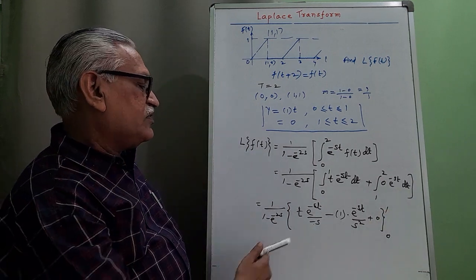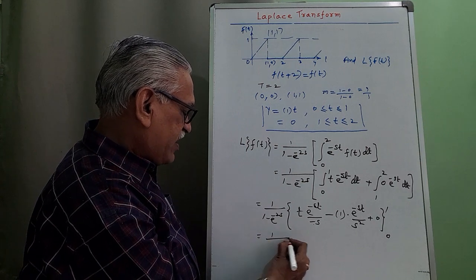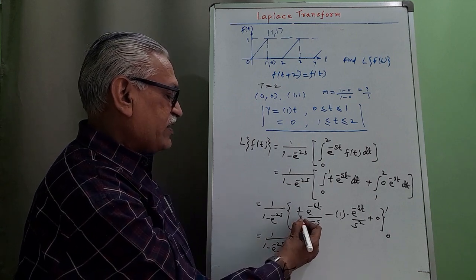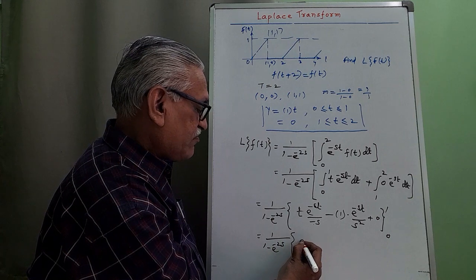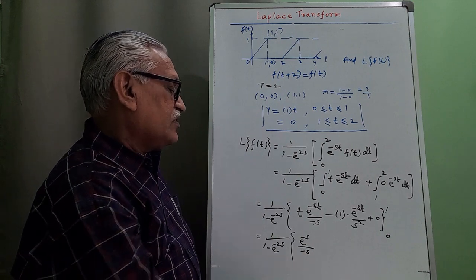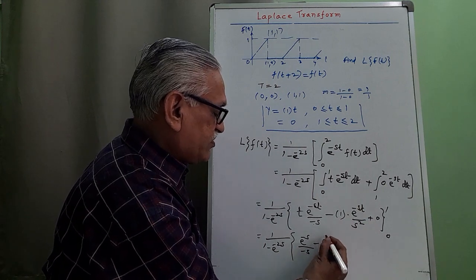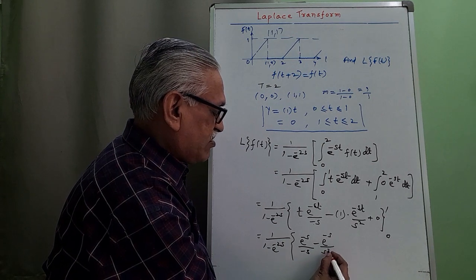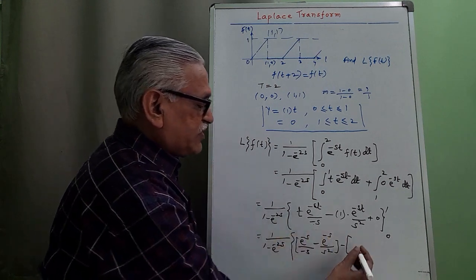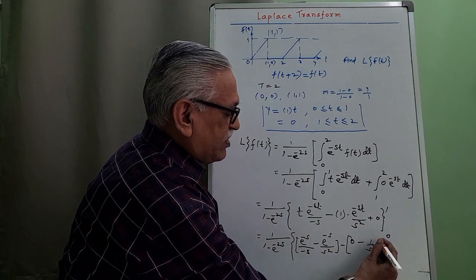Substituting upper and lower limit, first we put t as 1, therefore it is 1 by 1 minus e raised to minus 2s, into 1 times e raised to minus s upon minus s, minus e raised to minus st, t is 1, therefore again e raised to minus s by s square, minus lower limit, for t equal to 0, this term becomes 0, minus e raised to 0, it is 1 by s square.